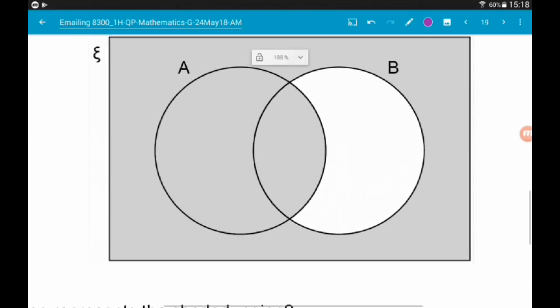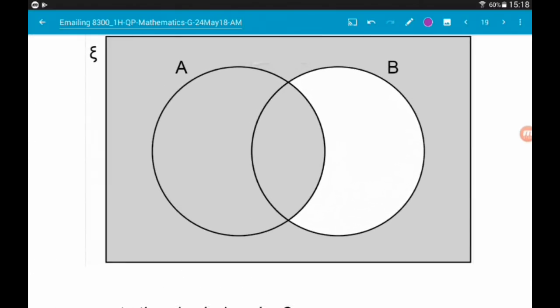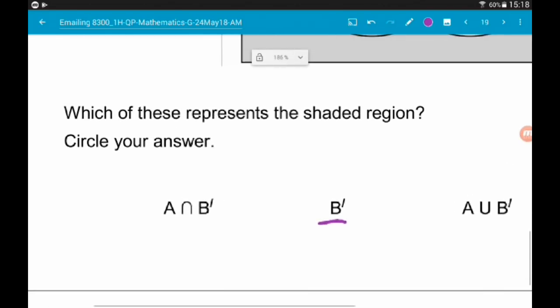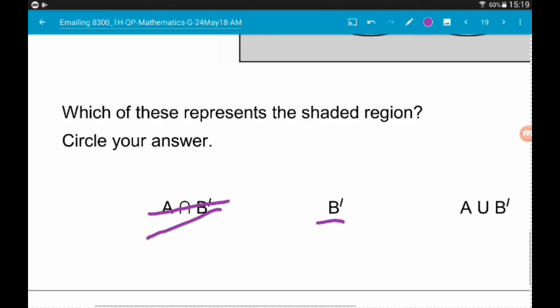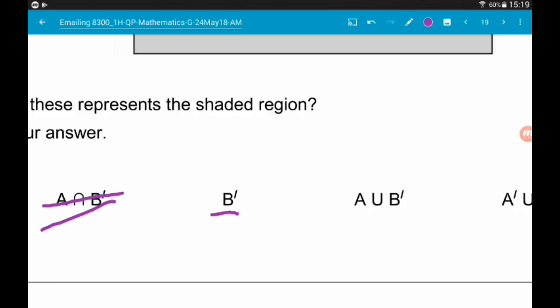Well, the answer to that is no. The middle bit where the circles intersect is shaded, so that part contains some of B. So it's not A and not B. So could it be just not B? Again, no, because the intersection is shaded, so it contains some of B. So it's not B.